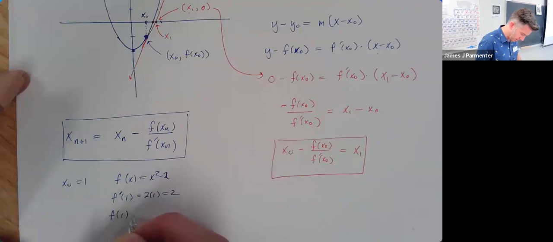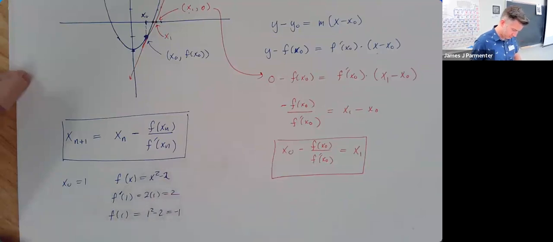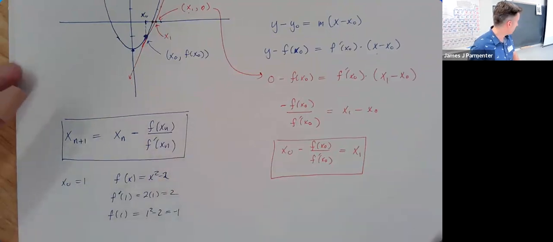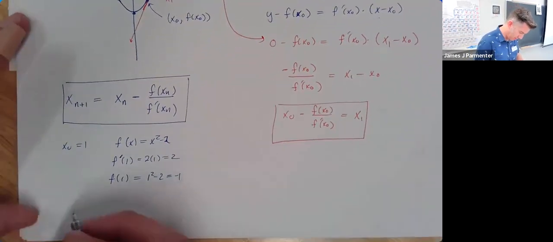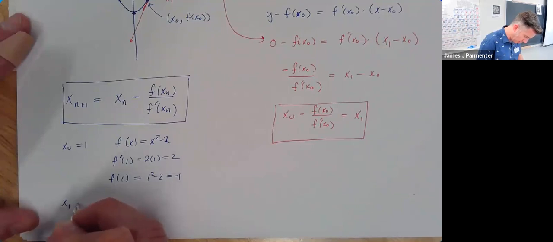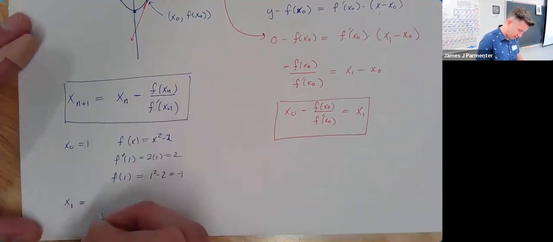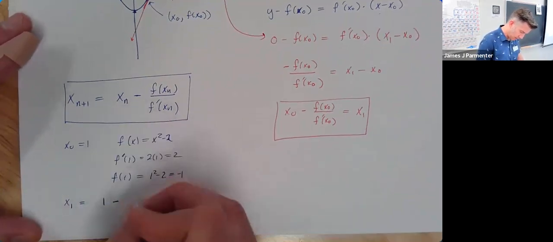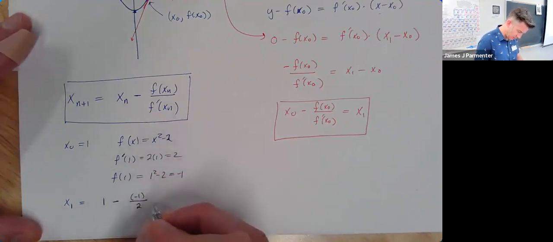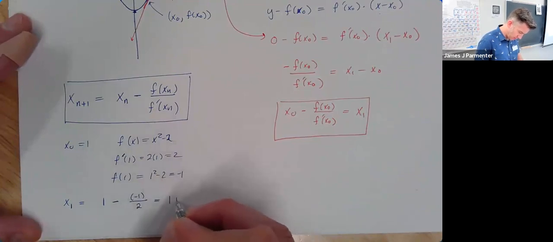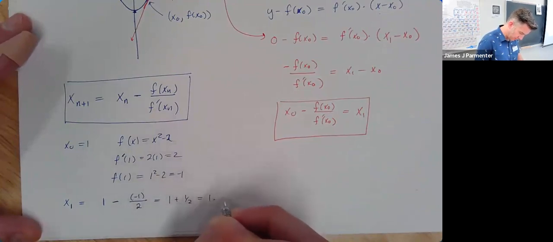And f of 1 is going to be 1 squared minus 2, negative 1. So throwing that all into my equation, my next guess, x sub 1, is going to be 1 minus f of 1, which is negative 1, over f prime of 1, which is 2. Which is 1 plus 1/2, which is 1.5.